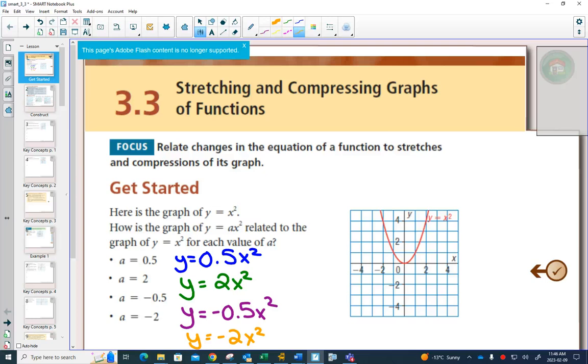We're going to color code these, and we're actually going to start with the green one, because I want to make some connections between what you did in grade 11 for pre-calculus and what we're going to do now in grade 12.